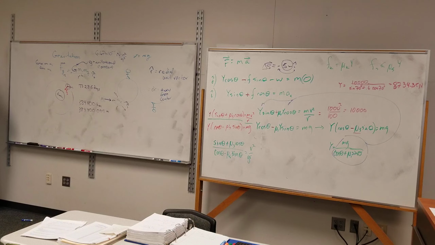What else? The Earth also, or are we just doing it for the moon? All I care about is the moon right now. Does it have that centripetal acceleration since it's going around? It will have centripetal acceleration, but that's not part of the force diagram. That's coming in just a moment. Is there another force because the moon is moving? No, we really don't care how the moon got moving to begin with.